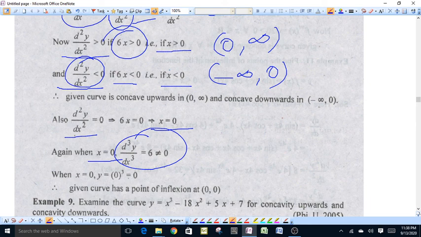If suppose that third order derivative is also 0 at x equal to 0, then we take fourth order derivative and so on. We have already studied a generalized criteria for a point to be a point of inflection, because second order derivative, that is even order derivative, is 0 and next odd order derivative is not equal to 0 at x equal to 0. This means x equal to 0 is a point of inflection.